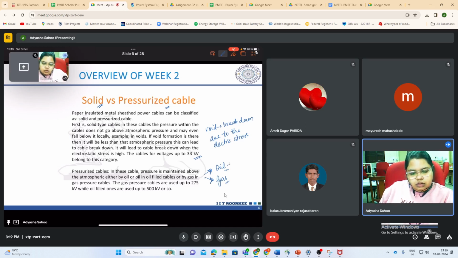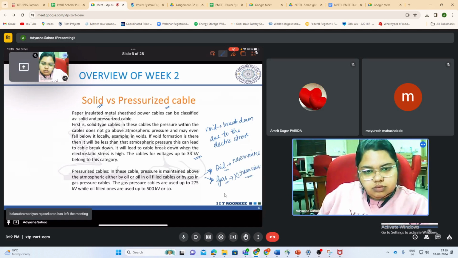For oil cables, we need the presence of oil reservoirs, while for gas, no such reservoirs are required, and hence we can say this is more suitable.